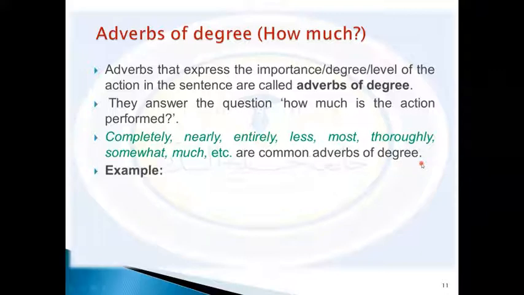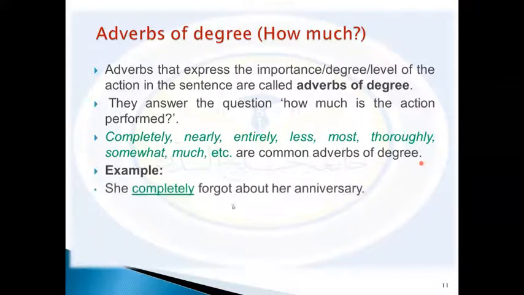Let's take some examples in the form of sentences. She completely forgot about her anniversary. Completely forgot, how much? Completely. So it's known as an adverb of degree.